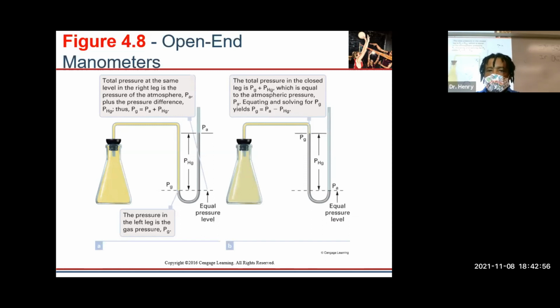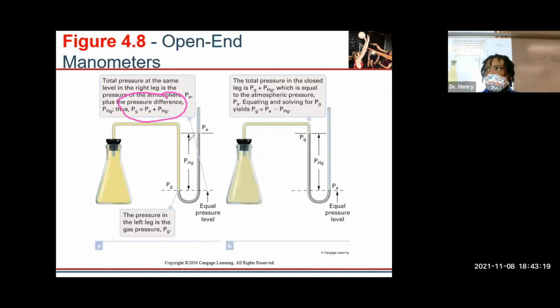So the way that we would calculate that is, and this is what it's showing here. PG means the pressure gauge, right? It is going to equal the atmospheric pressure plus that change in pressure.